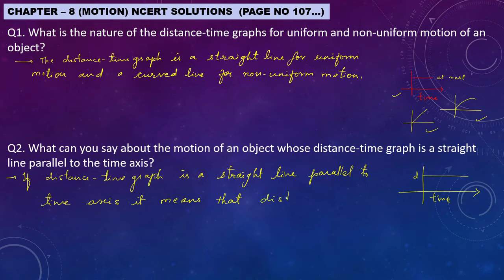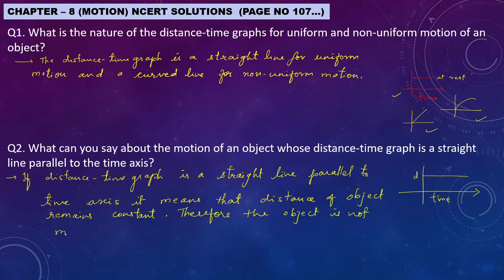Distance traveled by the object remains constant. And if it is constant, therefore the object is not moving. And if the object is not moving, it means it is at rest, correct.